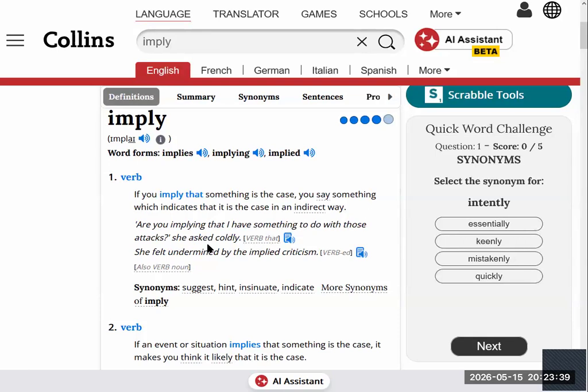Let's look at the example sentences then. She felt undermined by the implied criticism. In this situation, it sounds like she didn't like what somebody said. She felt that people were doing her harm with what they were saying, but they didn't directly criticize her.